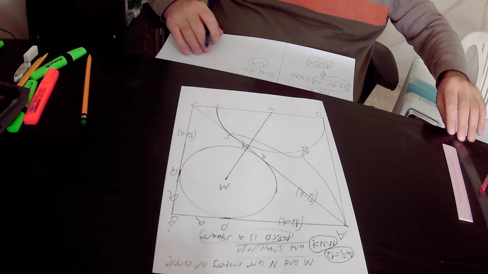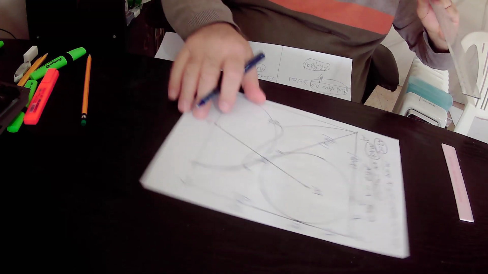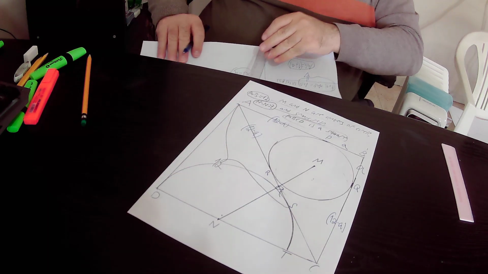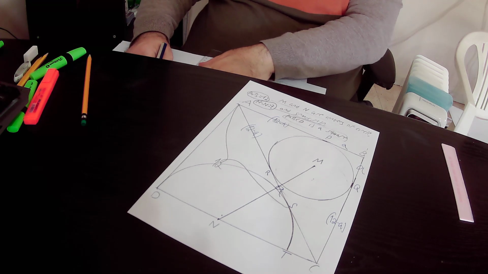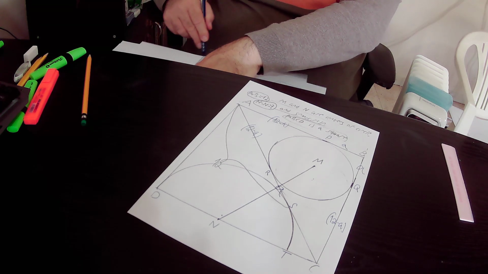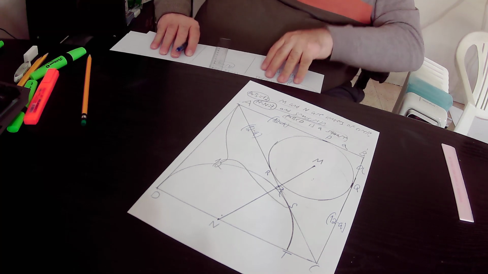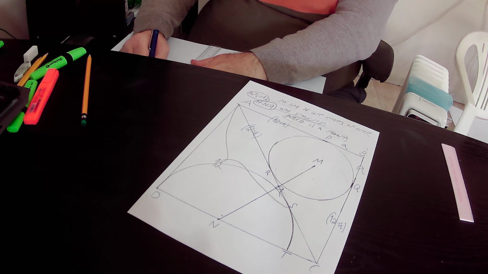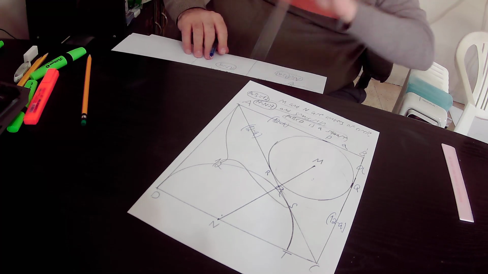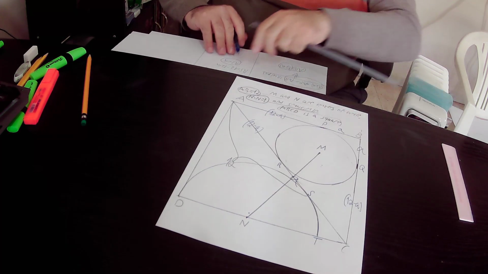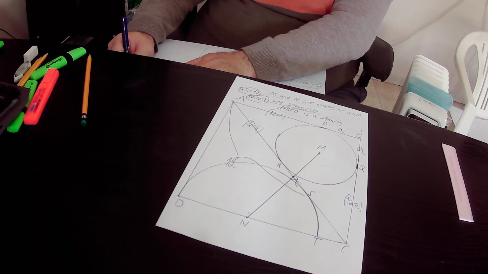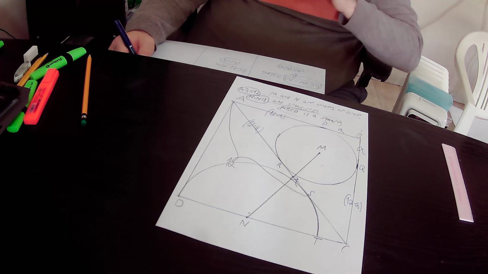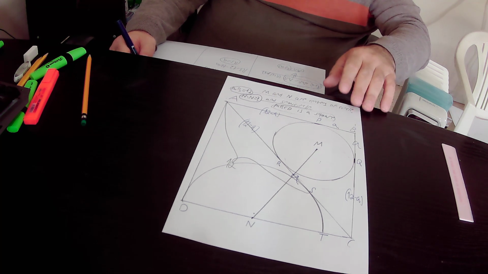In the next step, we will focus on the common external point, point C. From the common external point C, we have two tangents to this circle.